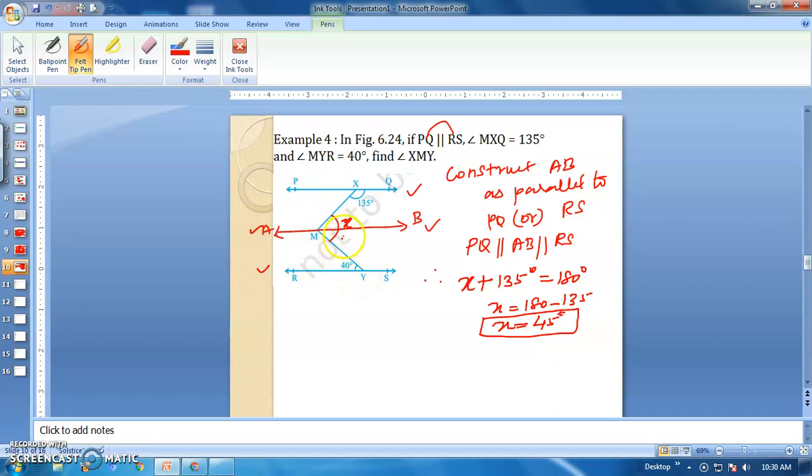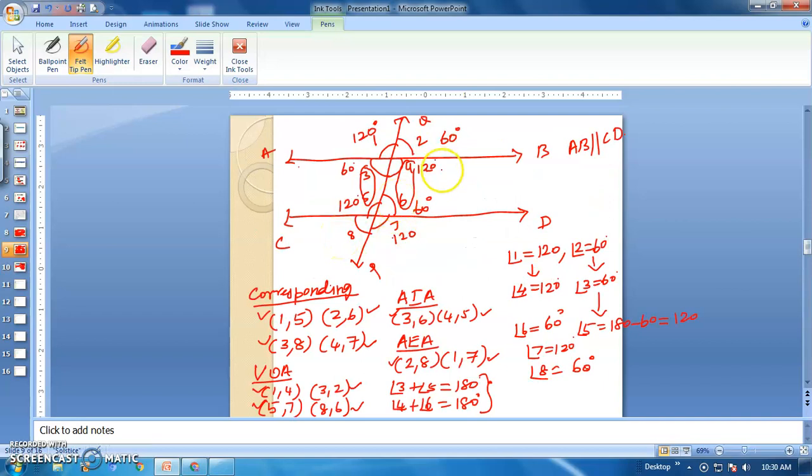So these two angles are alternate interior angles because they are interior. Let us take this as y. So this y and 40 are interior angles, and at the same time lie in the opposite direction, so they are called alternate interior angles. The last one, which are alternate interior angles, this 4 and 5, so 4 and 5 are equal.